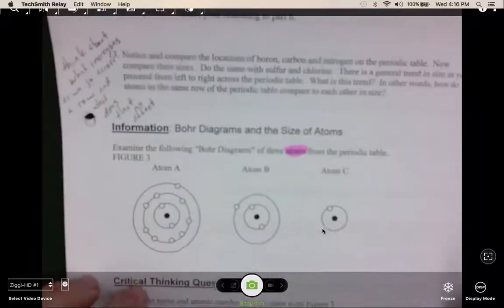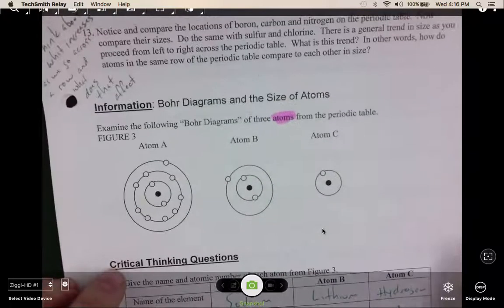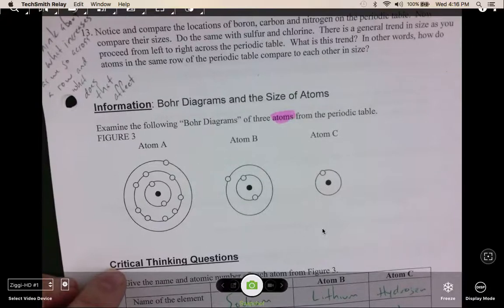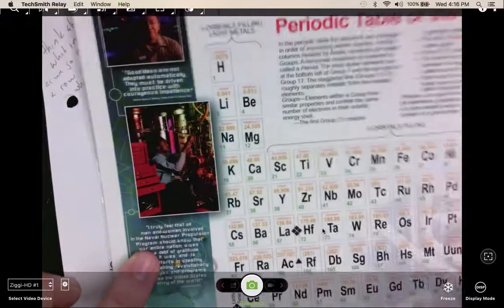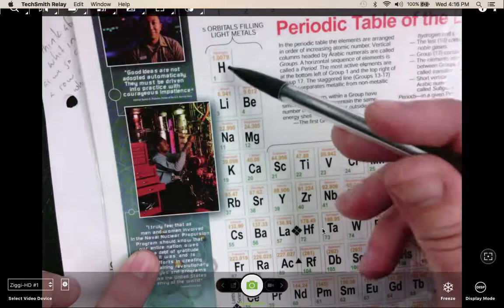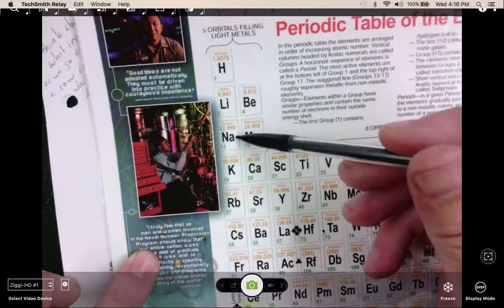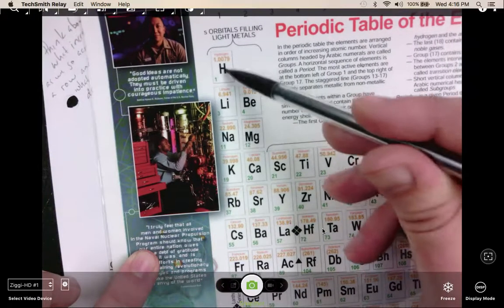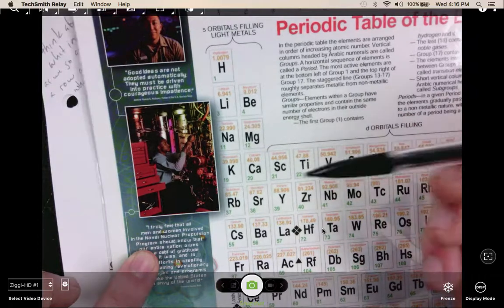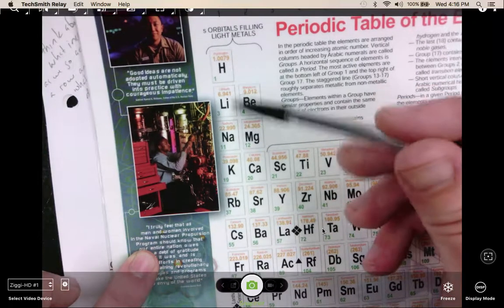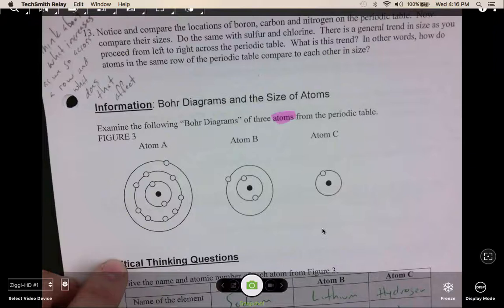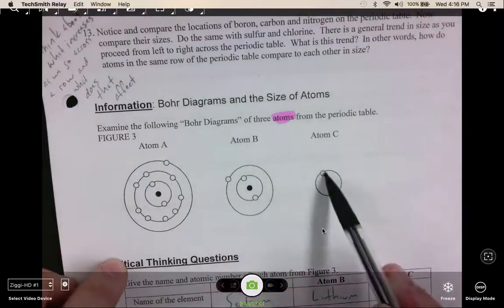A couple things that I want to point out is that if we look at lithium, sodium, and hydrogen on a periodic table, so right here we would have hydrogen, lithium, and sodium. The things that I want to point out is that all three of these are in the same column. Remember, if they're in the same column, we know that they must have the same number of valence electrons.